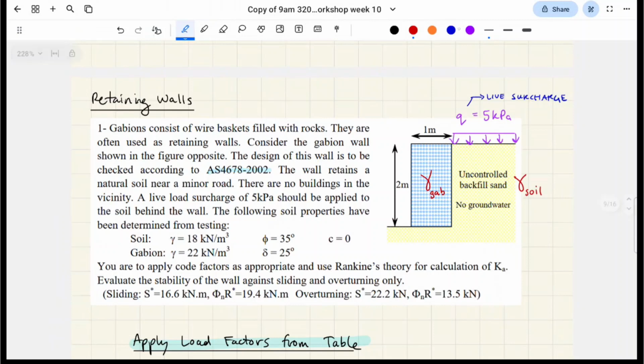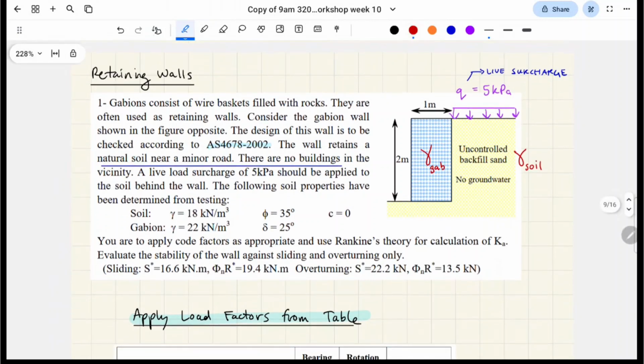Okay. So the next bit of important information is that the wall is near a minor road and there's no buildings nearby. So that will give you some more information about which kind of factors we're going to be using, right? And then the next thing is the soil properties. So we have the unit weight of the soil, we have the unit weight of the gabion, right? And then we will have a bunch of these soil properties.